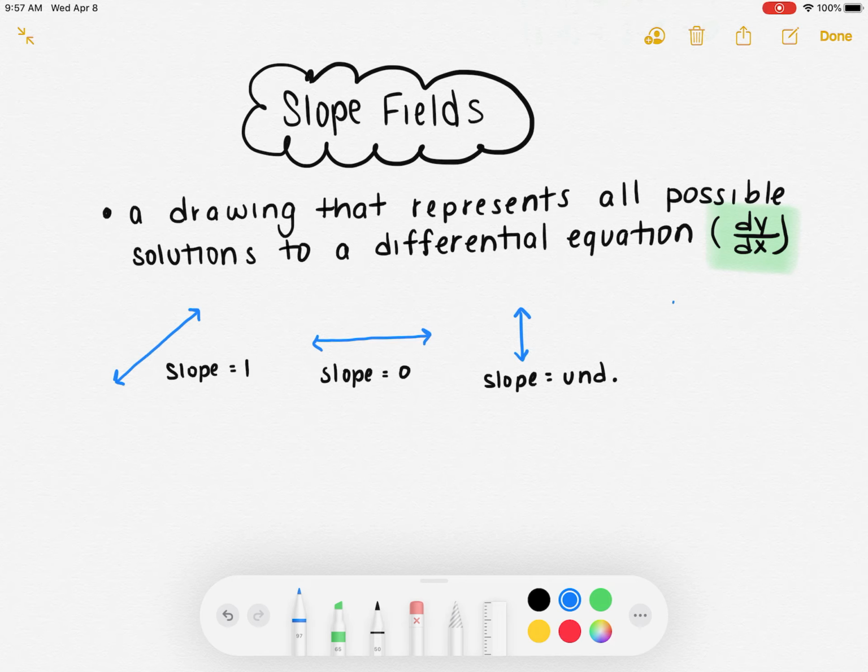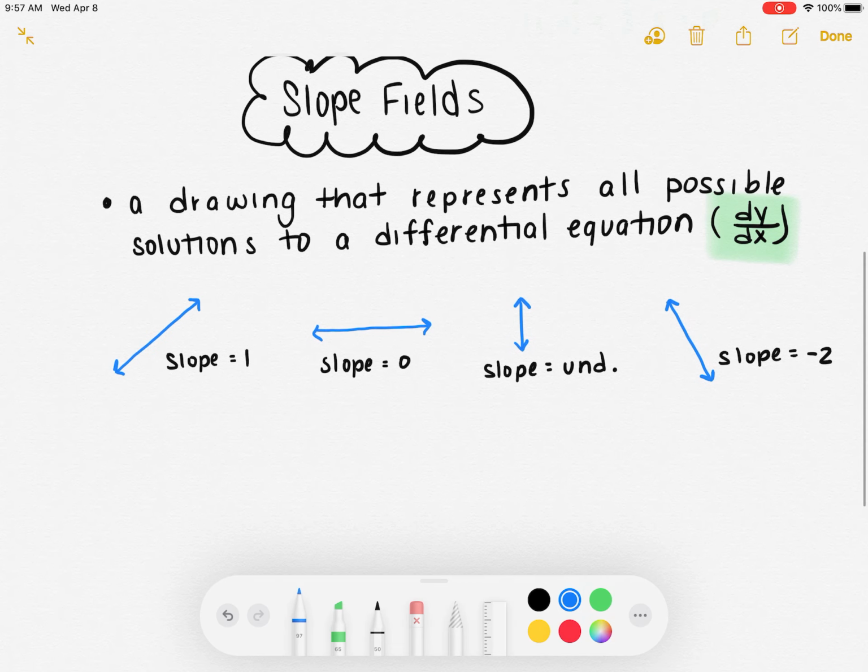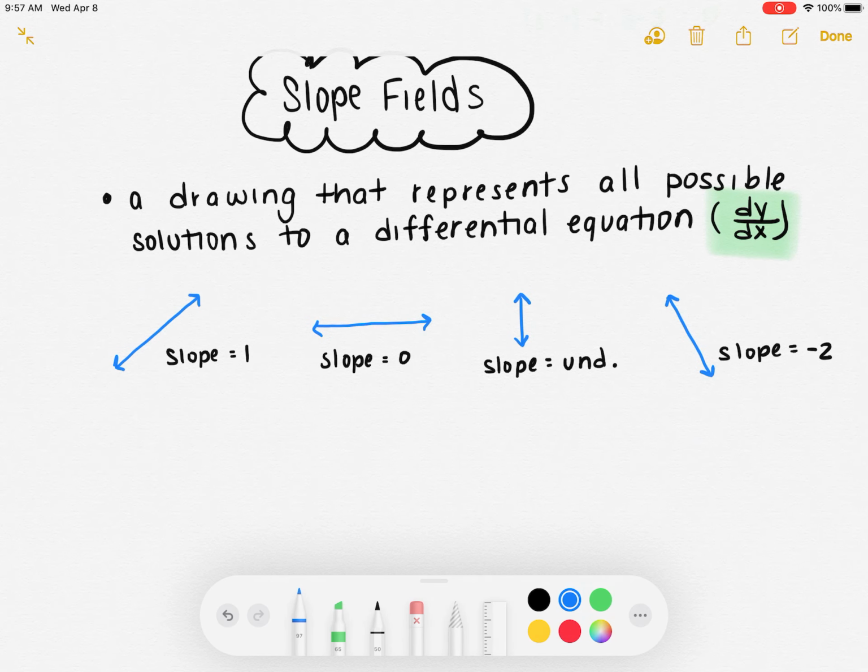If I have a slope that's going down, and let's say I'll make it a little more steep than the first one I drew, I would say this is a slope of about -2 because it's steeper. Remember, as numbers get farther away from 0, the slope is going to get steeper. As they get closer to 0, the slope will get more and more flat.